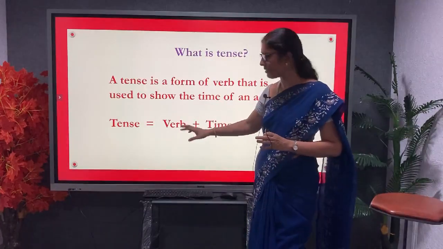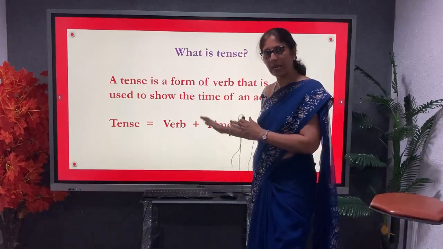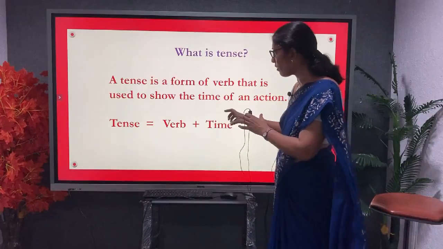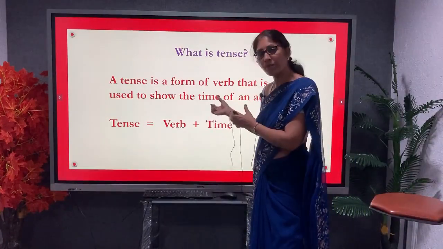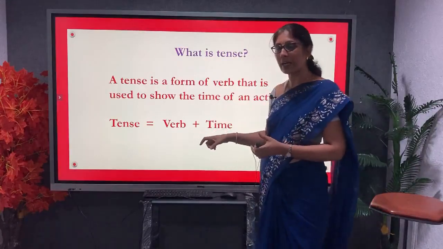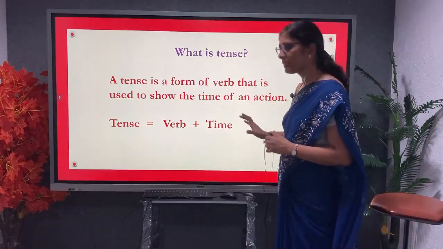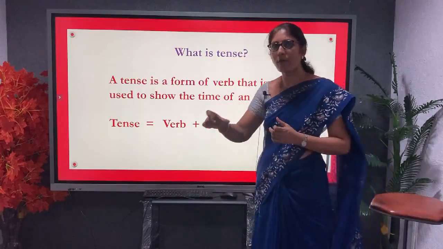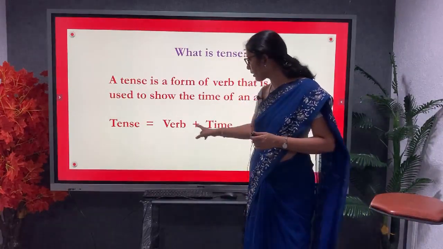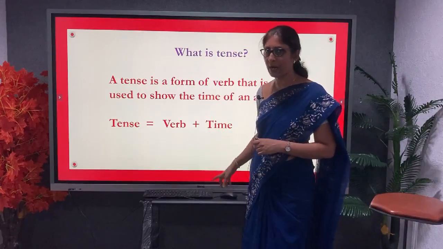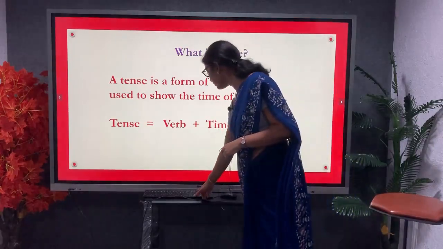Verb means action, and time. So when we use a particular tense, that tense represents the action and when the action happens. This is tense. So when we are framing or choosing the tense form, we have to keep these two things in our mind.